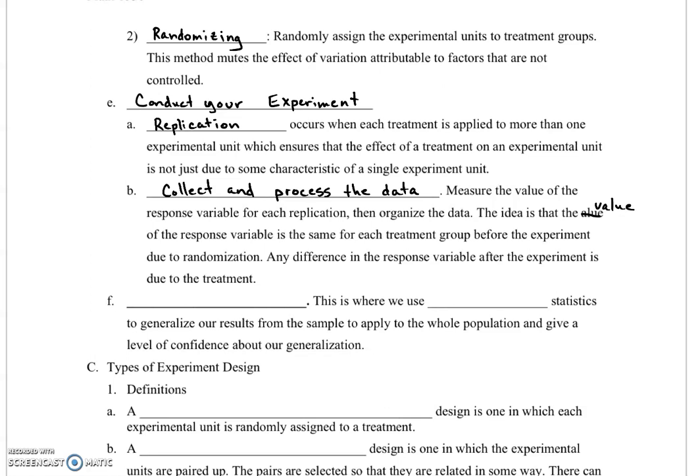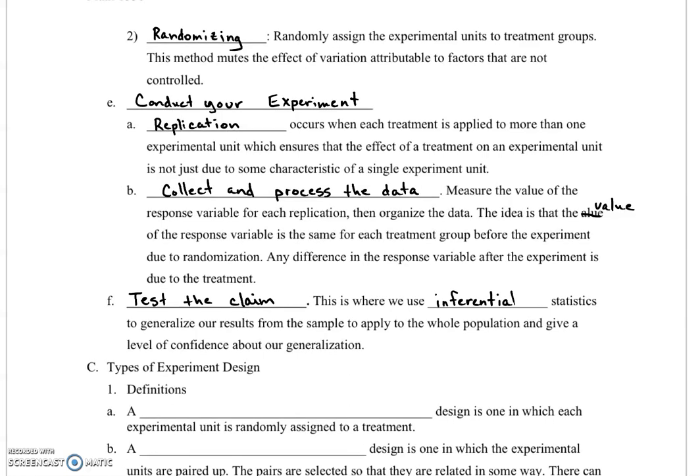And the last thing we do in an experiment is test the claim. So remember, the claim was that thing we were trying to answer, our problem to be solved that said what the response variable is and what population we're studying. And this is where we use inferential statistics.